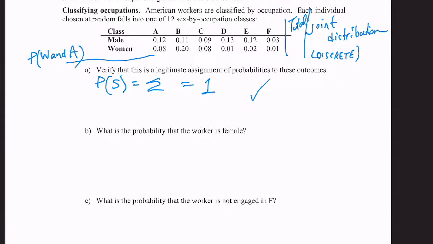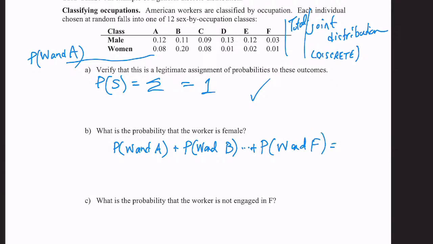So what I'm doing is adding together the probability of woman and A plus the probability of woman and B, all the way to adding the probability of woman and F. And when you add them all up, the chance of being a woman in this population is 40%.